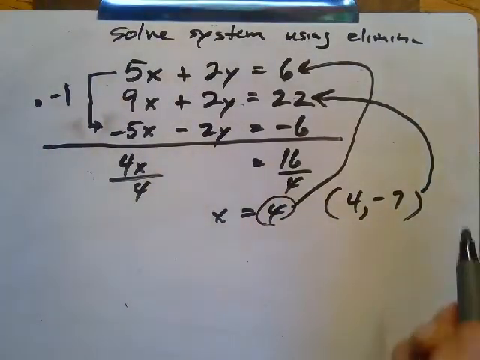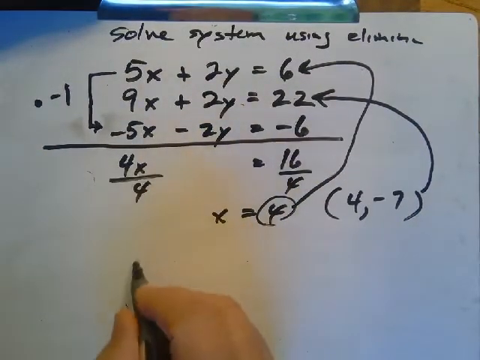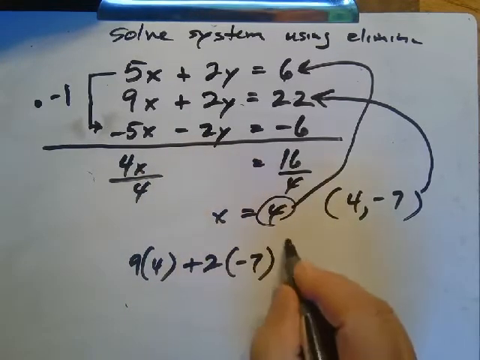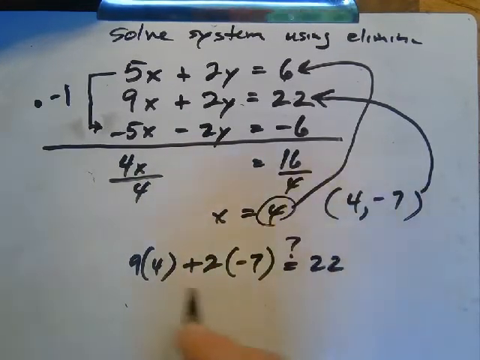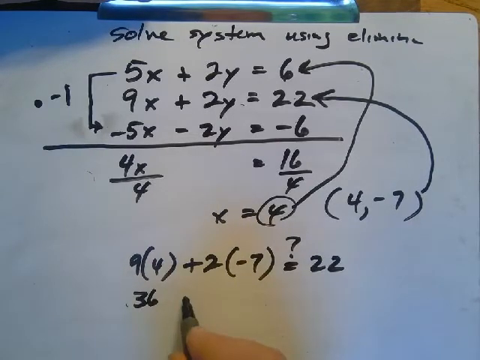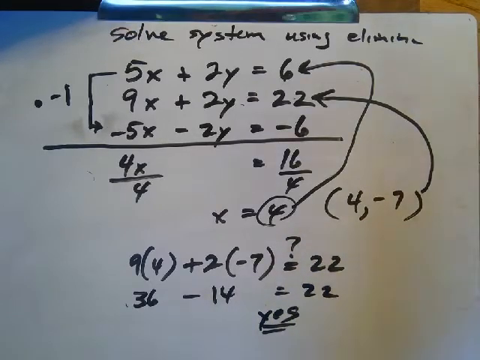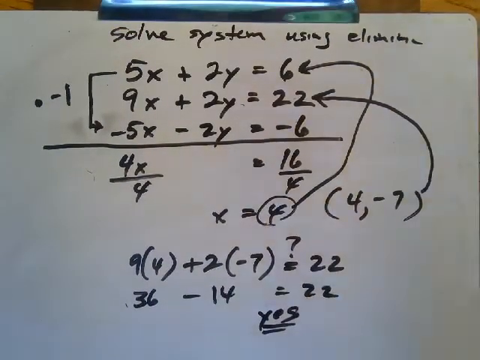So let's stick it into the other equation. 9 times 4 plus 2 times -7. Is that equal to 22? Well, let's find out. 36 minus 14. Is that equal to 22? Yes, it is. So that ordered pair does work in the other equation too. That's to verify the fact that I did this right.